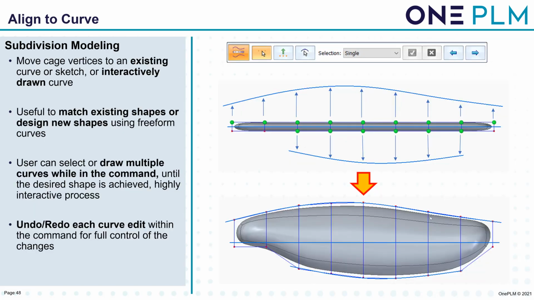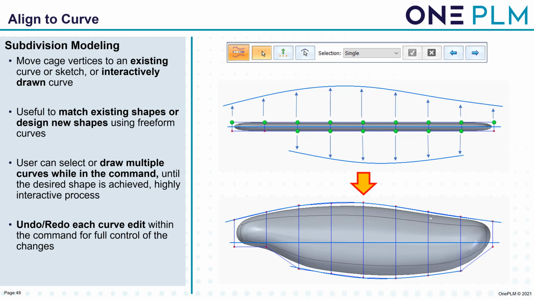Align to curve. I mentioned this earlier. We can move cage vertices to an existing curve or sketch, or an interactively drawn curve, physically drawing it there. Useful for matching existing shapes or designing new shapes using freeform curves. The user can select or draw multiple curves while in the command until the desired shape is achieved.